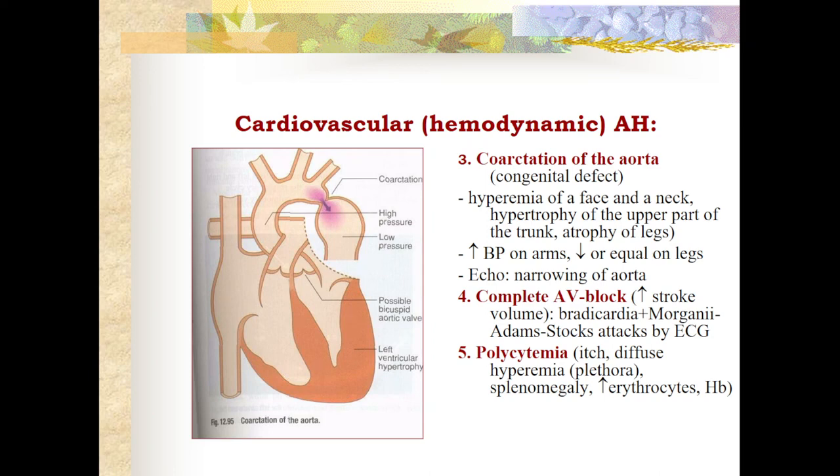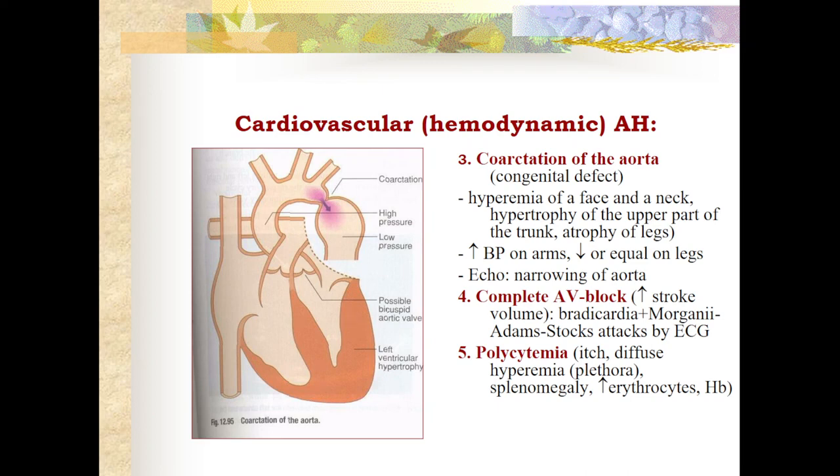Complete AV block, atrioventricular block, can also cause arterial hypertension due to increased stroke volume, and bradycardia can lead to ischemia of the brain and Morgagni-Adams-Stokes syndrome attacks, syncope and disturbances of consciousness.